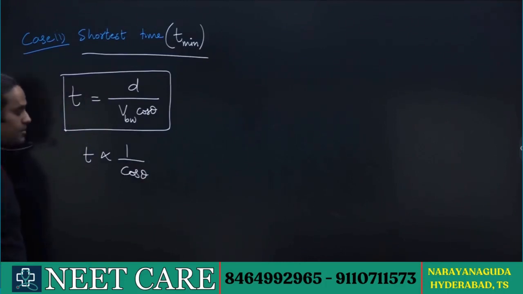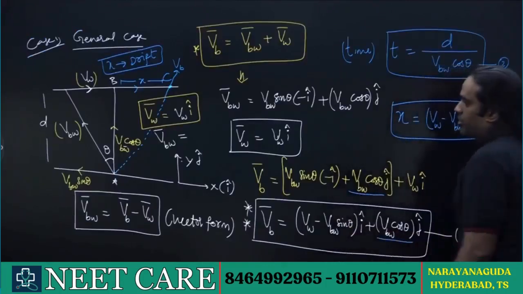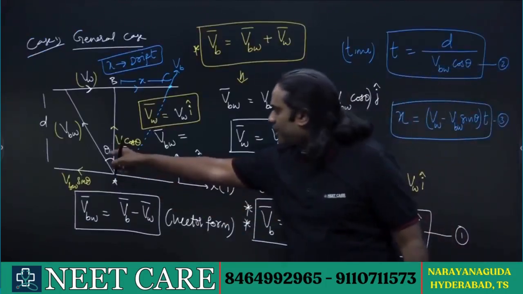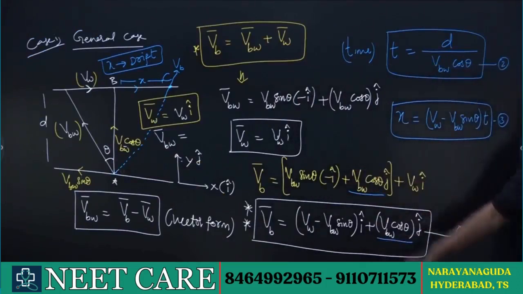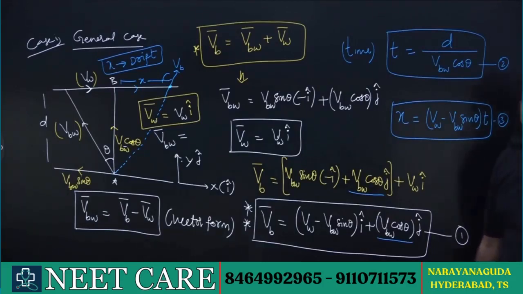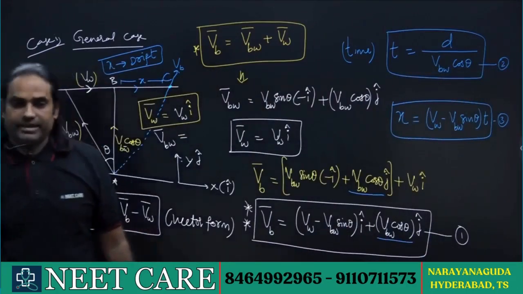Because in the previous case, we have just seen that the boat started moving along inclination theta. But about theta specifically, we have not mentioned any value. Is it or not? We took a general case.